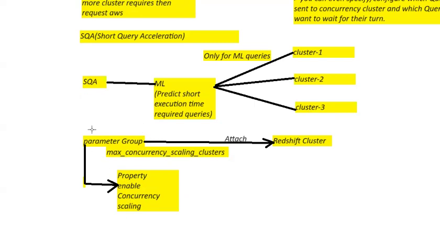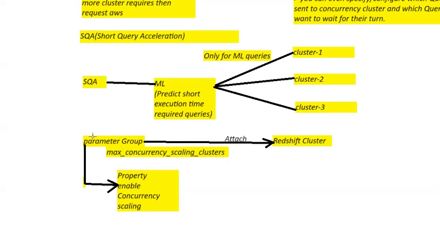So first we created our parameter group. Now we want to enable concurrency scaling for this parameter group, provide the max concurrency scaling clusters, and then attach it to whatever Redshift cluster is available. So let's move on with our lab.